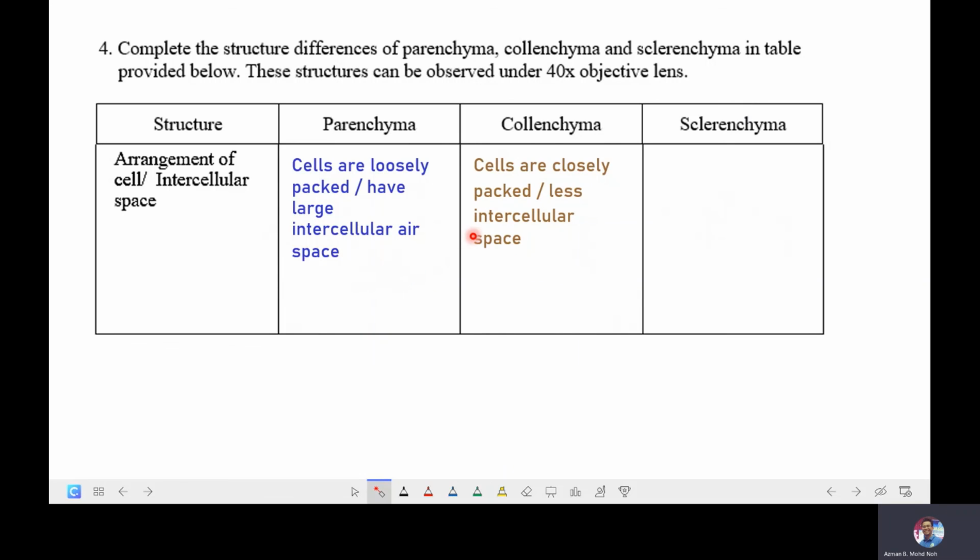But for the collenchyma, the cells are closely packed, and so there will be less intercellular airspace. And for the sclerenchyma, the cells are tightly packed together and there will be no intercellular space at all between the cells.